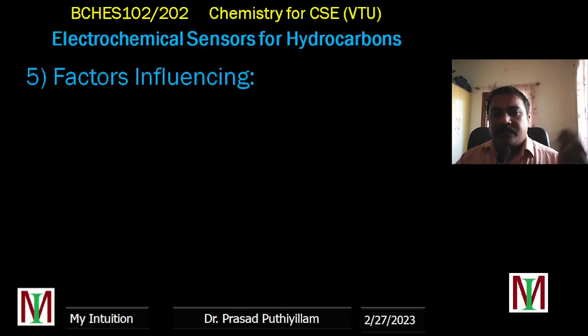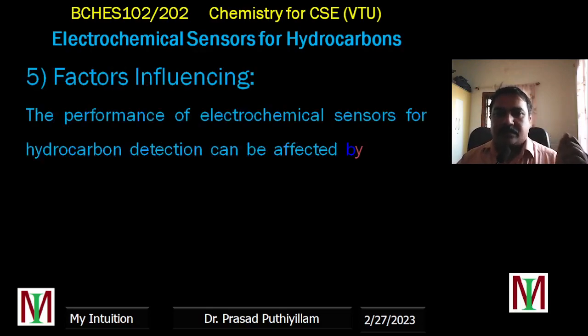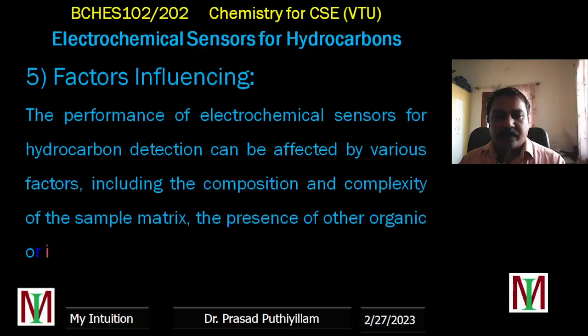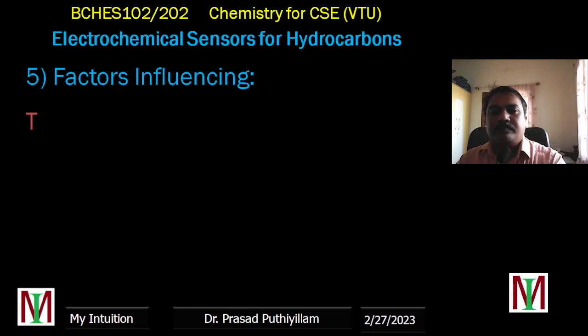The factors influencing hydrocarbon electrochemical sensors. The performance of an electrochemical sensor for hydrocarbon detection can be affected by various factors, including the composition and complexity of the sample matrix, the presence of other organic or inorganic species, variation in temperature, and variation in pH.